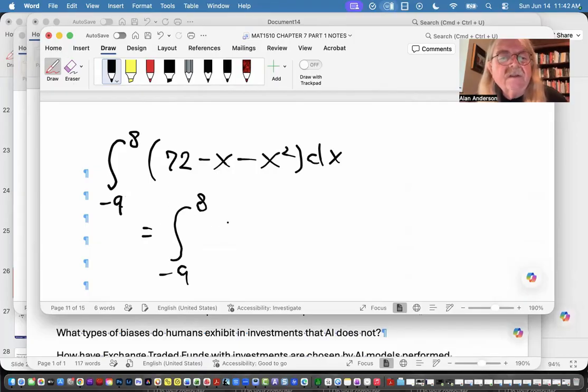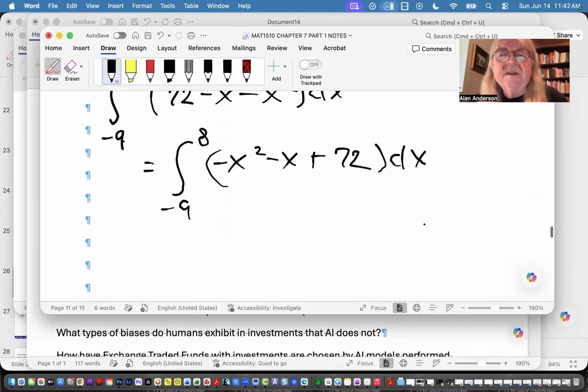Let's rearrange it slightly. All right. And then, like before, we'll just break it up into individual integrals. Apply the power rule.